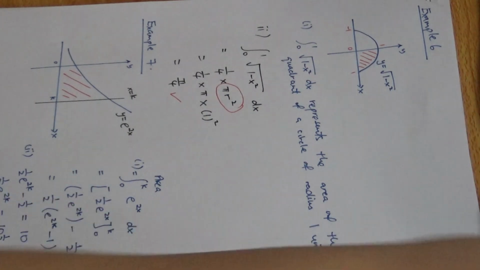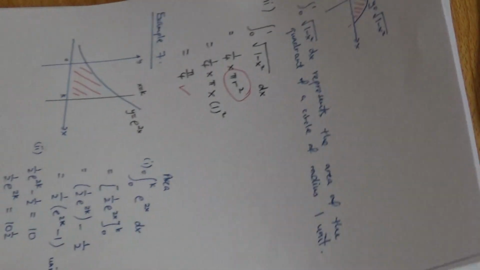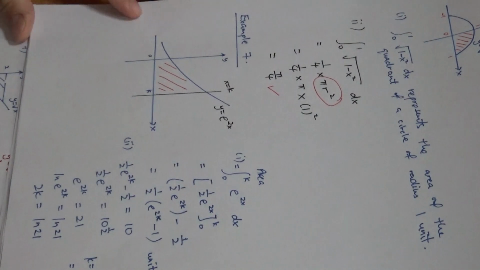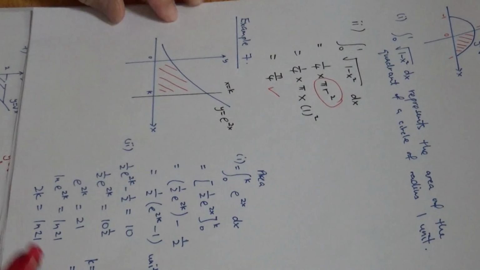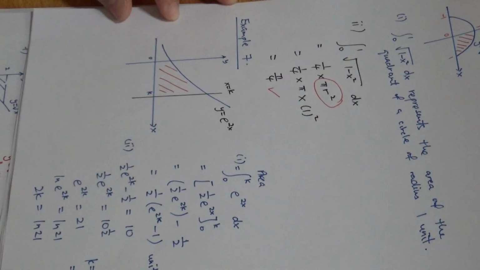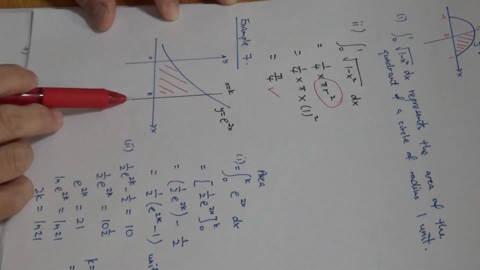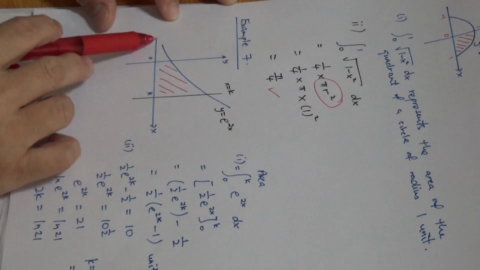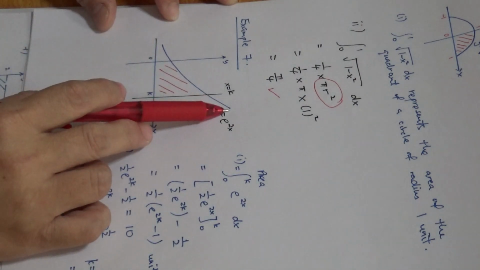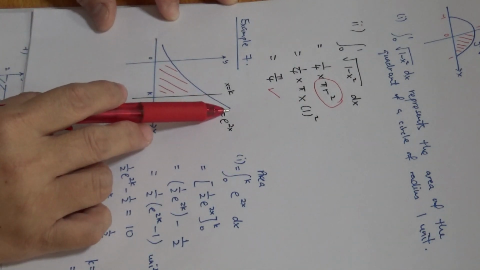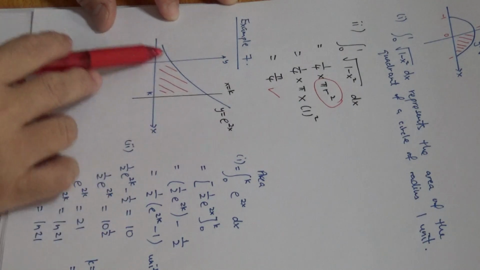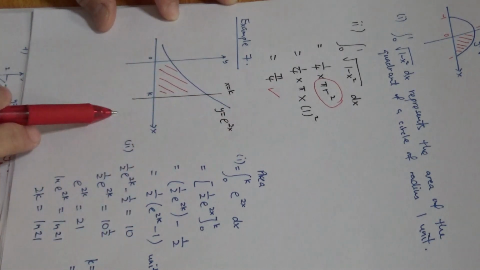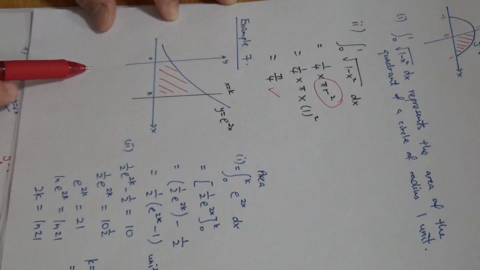Okay, now next, let's move on to example 7. Now example 7 is this. The question says, this diagram shows the line x equals k and part of the curve y equals e to the 2x. Find in terms of k the area of the shaded region bounded by the curve, the line x equals k, the x-axis and the y-axis.